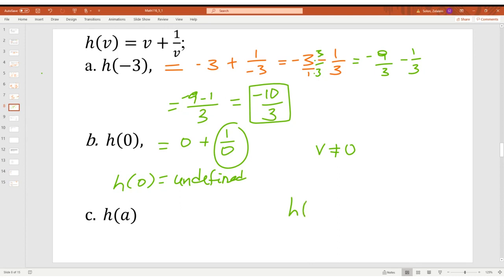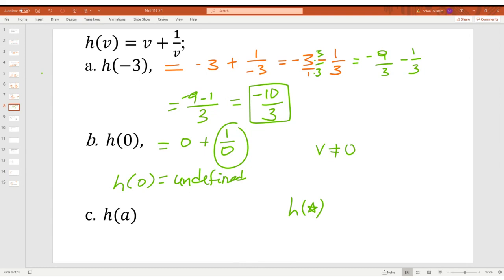Doesn't matter. Whatever number or whatever symbol or whatever expression you have inside h will replace v. That's basically the concept of evaluating functions.